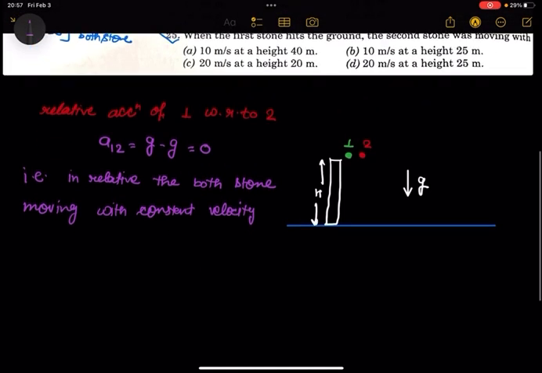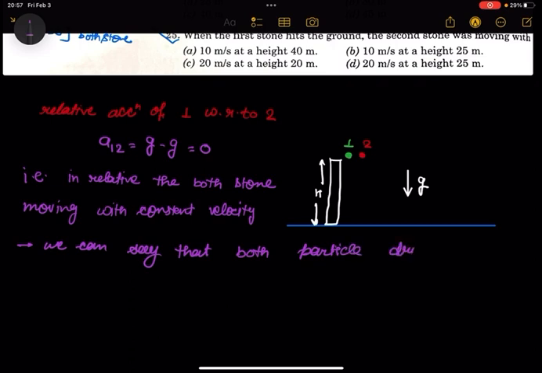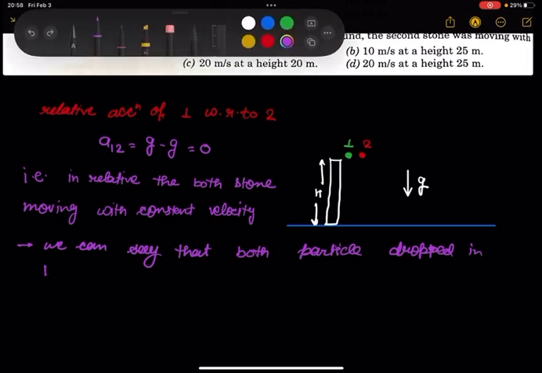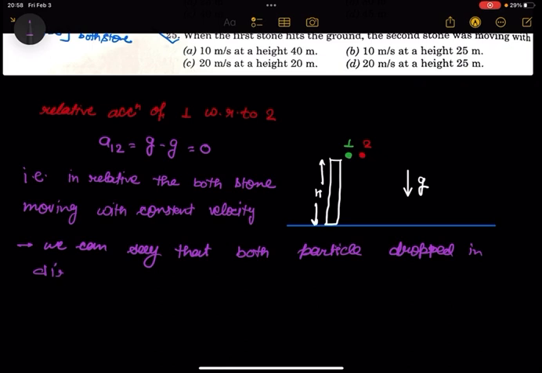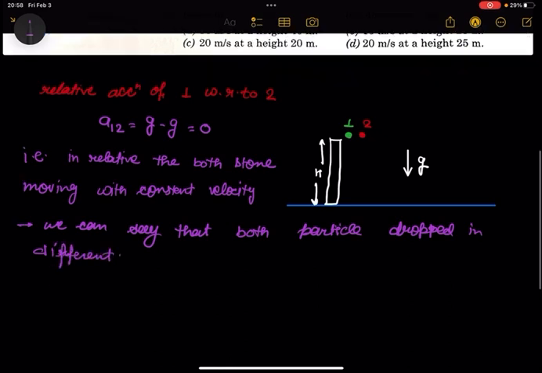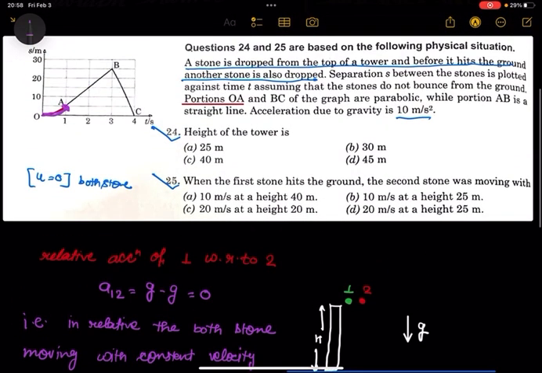So means we can say that both particles dropped in different time. Okay. So if both particles are dropped in different time, so we can very easily say that this path is parabolic path.